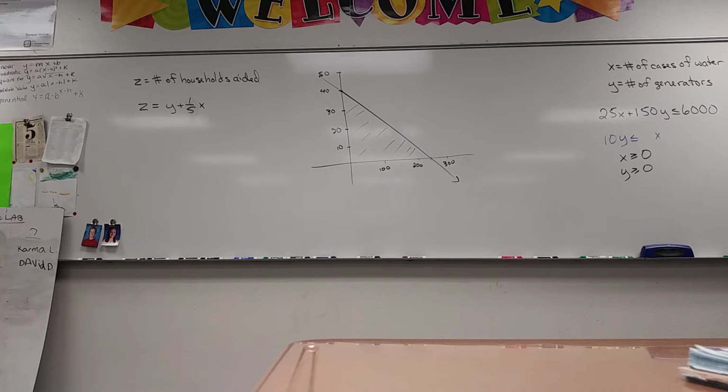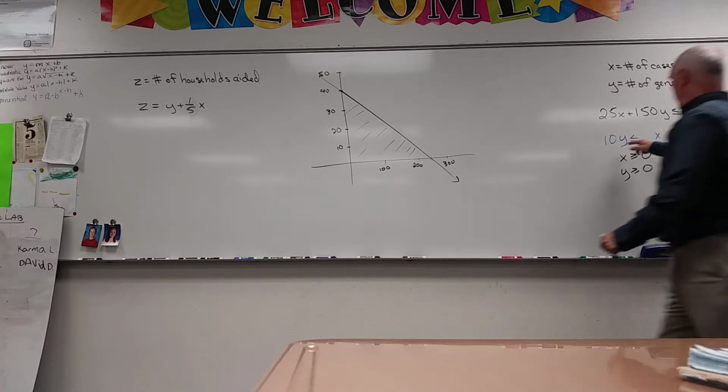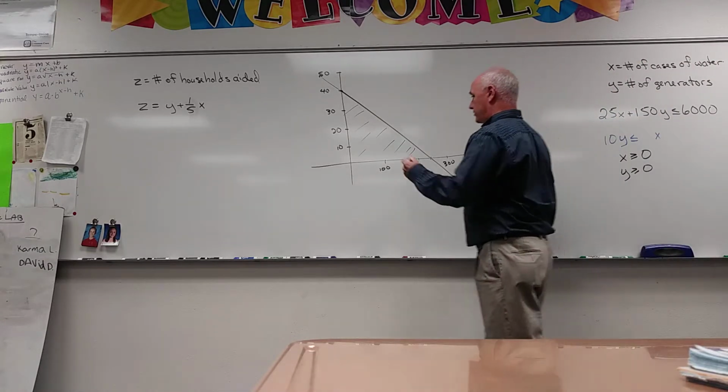Can we move them both? I mean, we could divide by 10. So talk to me. Y-intercept is 0? You guys agree with that? If y is 0, x is 0, right?